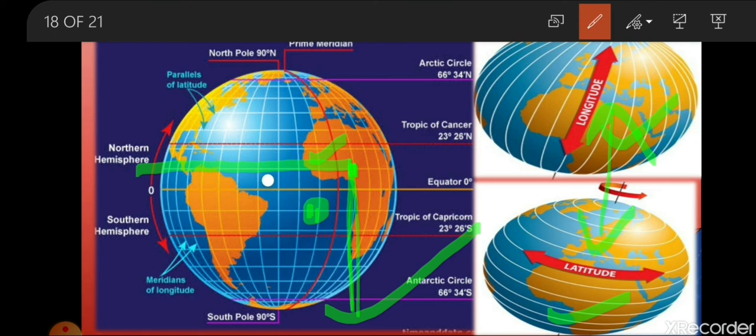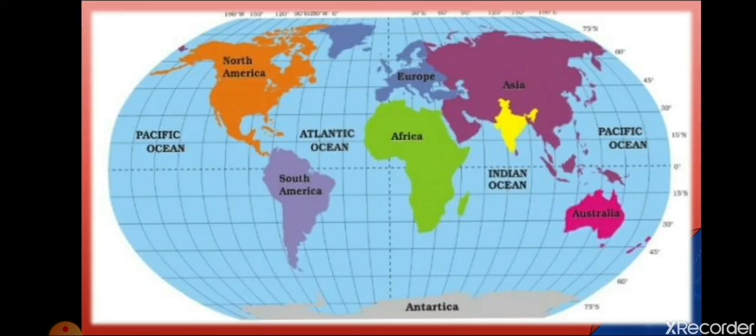This is a crisscross system on which longitudes and latitudes cut each other, and this helps in finding the absolute location on the globe. As you can see here, this is the location of India, where the lines of longitude and latitude meet.